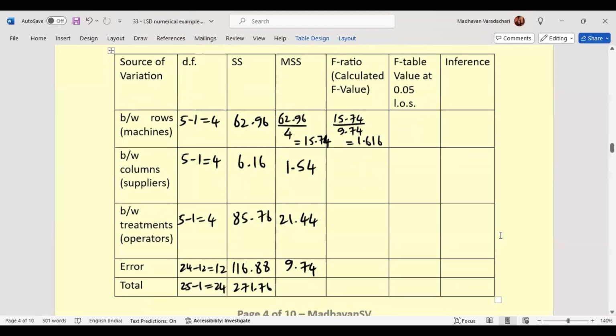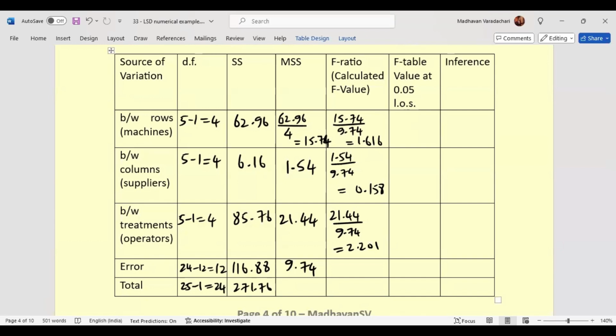Next one, columns, that is 1.54 divided by 9.74. If we do that, we get 0.158. Next one, 21.44 divided by 9.74, we get 2.201.